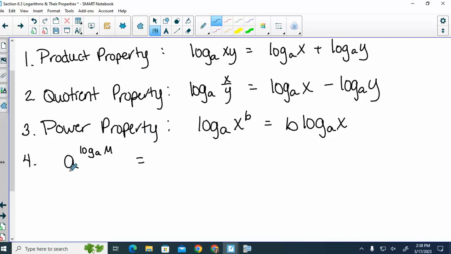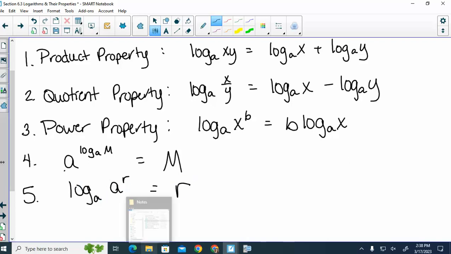So if I do both the exponential with the base of a and the log with the base of a, the bases cancel, and you just get your argument, what you were doing the log of. And it works in reverse too. If I have the log, then the log base a and the a part cancel, and we just get that exponent. We'll talk more about these properties. We're going to use them a little bit today, but we're going to start here on Monday and deal with them a lot more.